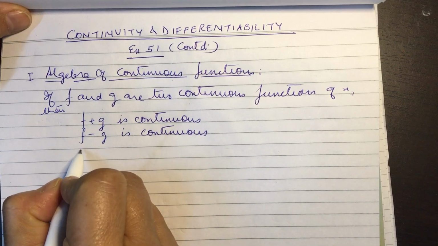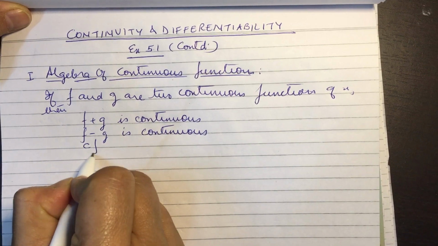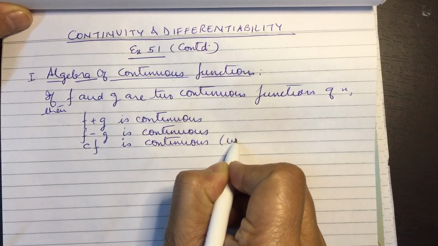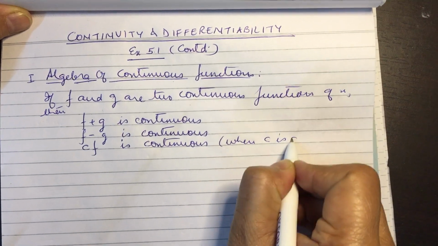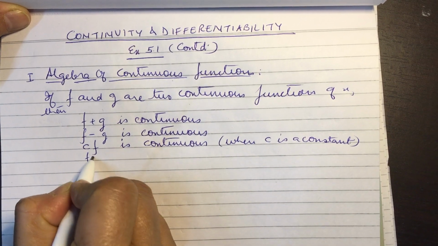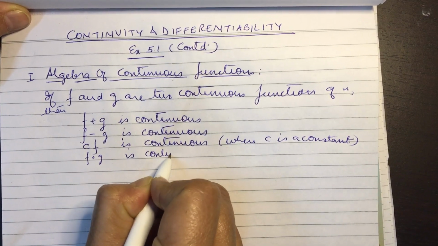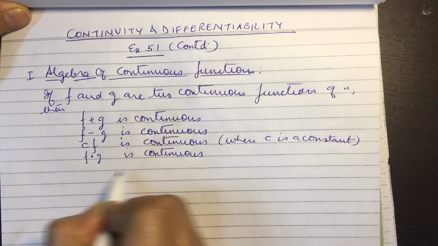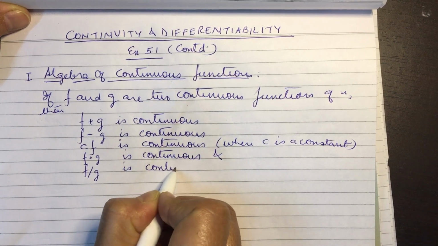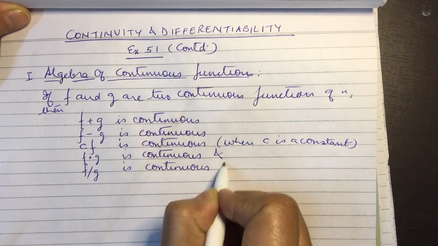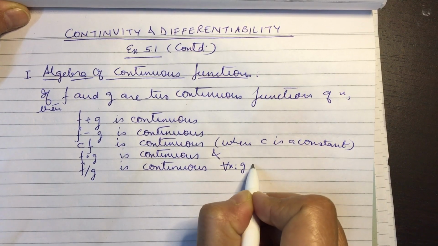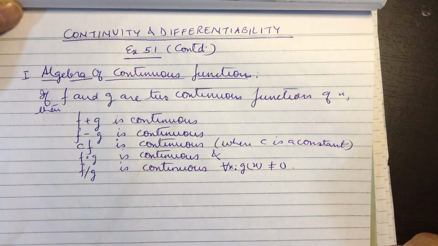Then we have some constant c times f is continuous, where c is a constant. Then we have f into g is continuous and f upon g is continuous for all x such that g(x) is not equal to 0.